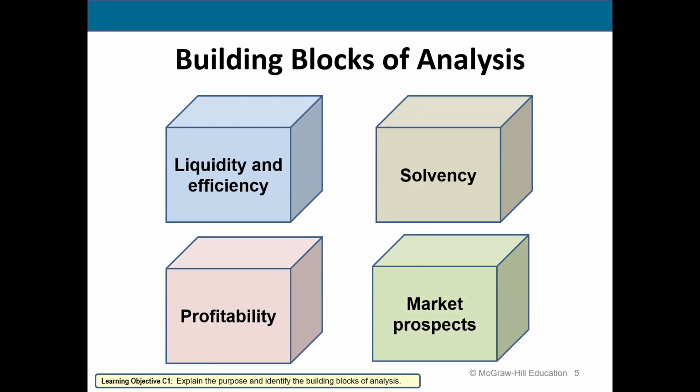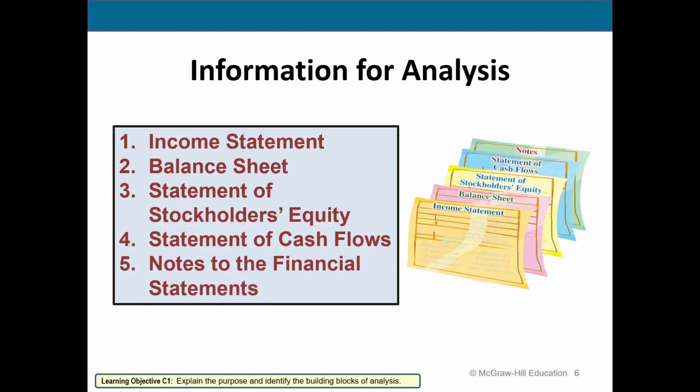So we have our 4 blocks of analysis. And we're going to need, of course, our annual report: the financial statements, the income statement, the balance sheet, the statement of stockholders' equity, the statement of cash flows, and the notes to the financial statements.